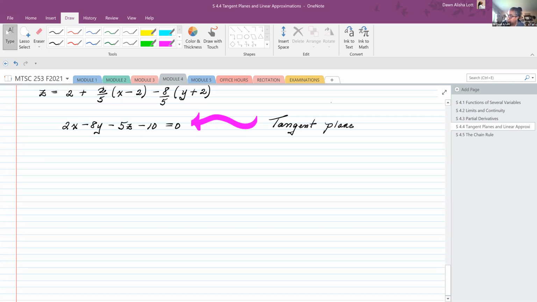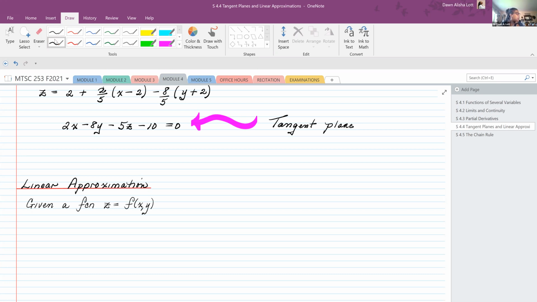All right, so linear approximation. Okay, so given a function z equal to f of xy, with continuous partials that exist at the point x naught, y naught, are p.